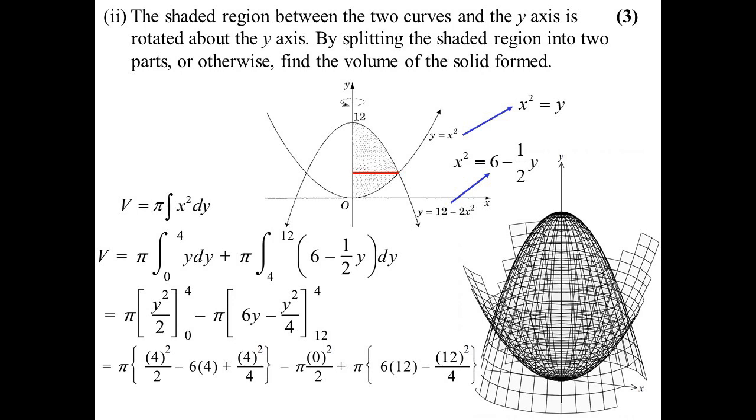But then I'm going to take away the 0 for the first one, so 0 squared on 2, and then take away, although minus will be plus, the 12 for the second one. That's just to save a little bit of time. It doesn't save that much time. We end up with 24 pi as the answer for that one.